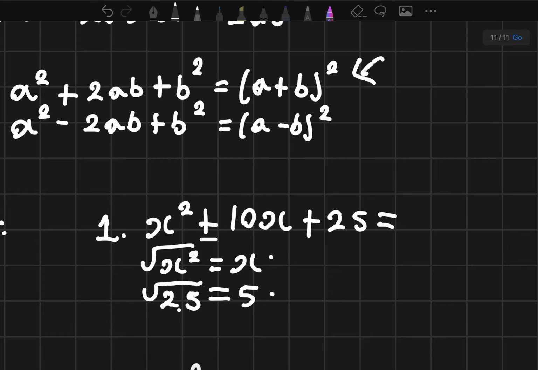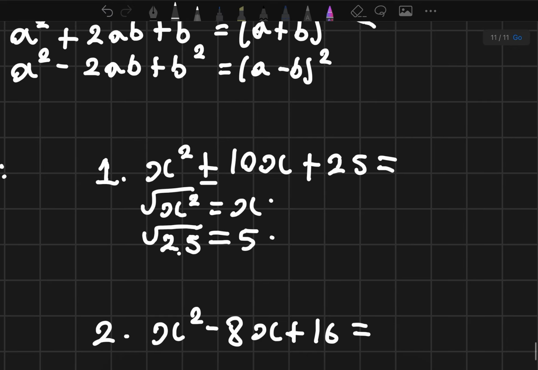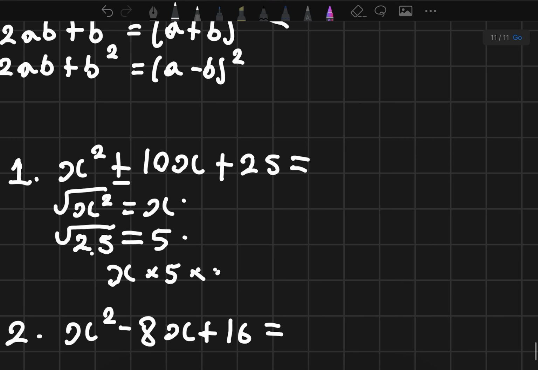And that means 2ab should be equal to 2 times x times 5. Let me just rewrite that so it's clear.